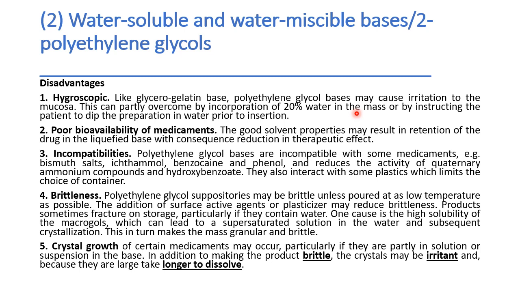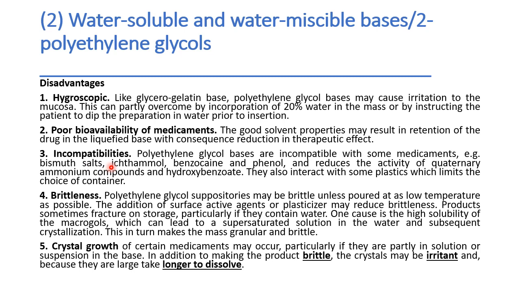It can be reduced as well by advising the patient to dip the suppository in water before insertion. Number two, poor bioavailability of the medicaments. The good solvent property of the base can cause a retention of the drug in the base, and this subsequently causes a reduction in the therapeutic effect.